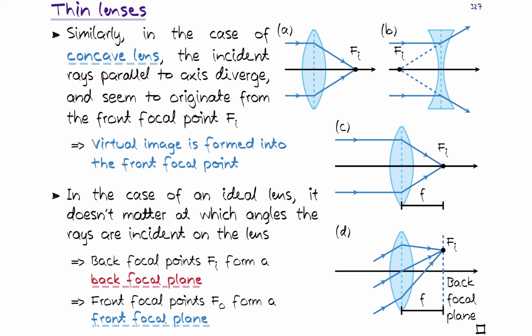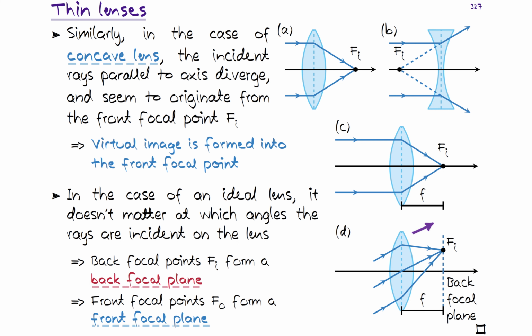But I would like to end by mentioning that once we go beyond the paraxial approximation, in the scenario where we have a bunch of rays propagating at a different angle, the point would not be exactly on the same plane anymore, but most of the time would be a little bit before it. So the back focal plane would, when we go beyond the paraxial approximation, turn into a slightly curved surface.